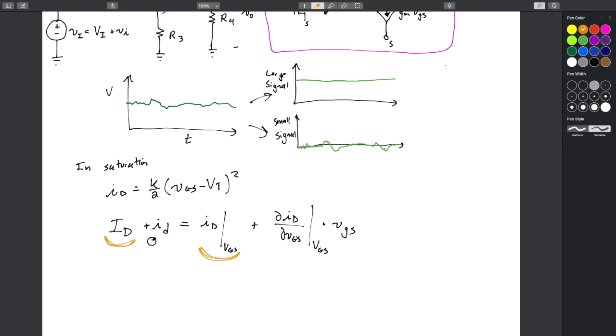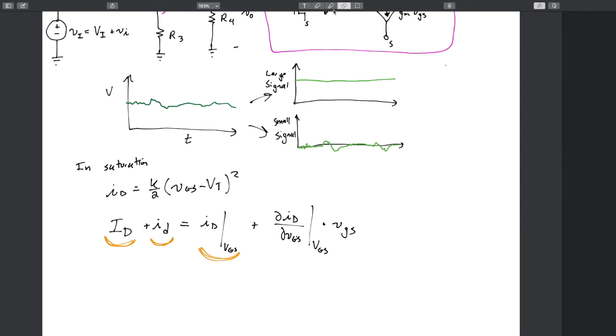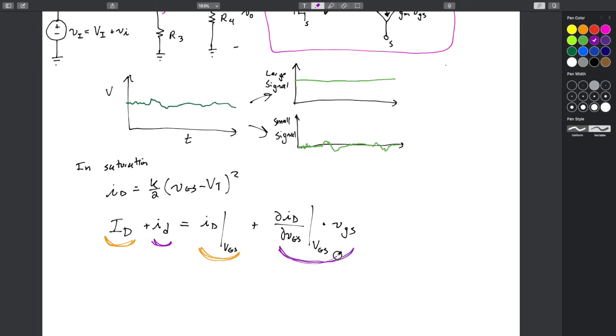And then the small signal, let me do a different color just to emphasize it, pink or purple. The small signal is based off of the derivative of whatever expression we're interested in with respect to the input that we're interested in, evaluated at the large signal input, and then times the input itself, the small signal input.